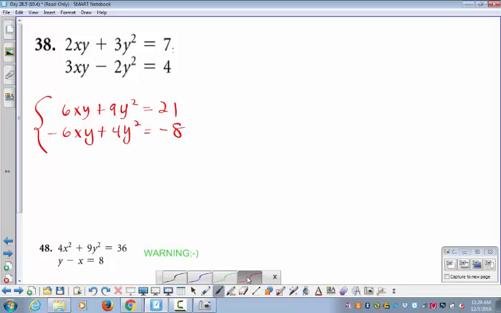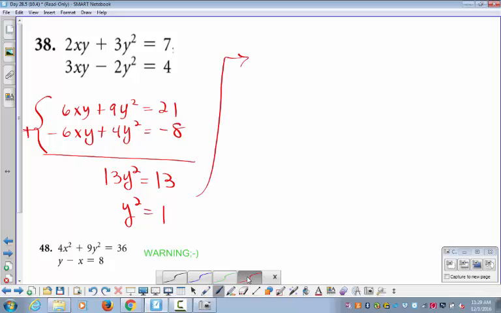Now we can add those equations together and get some nice cancellation. So the xy mixed terms go away. We get 13y squared is equal to 13. Y squared is equal to 1. So this tells us that y is equal to plus or minus 1.